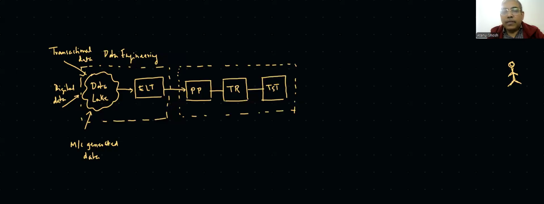The customer service executive now wants to know whether a particular customer is going to churn or not. So what does he or she need? He or she needs an interface. Usually it is a web or an app interface. On that interface, he or she is going to provide some inputs.